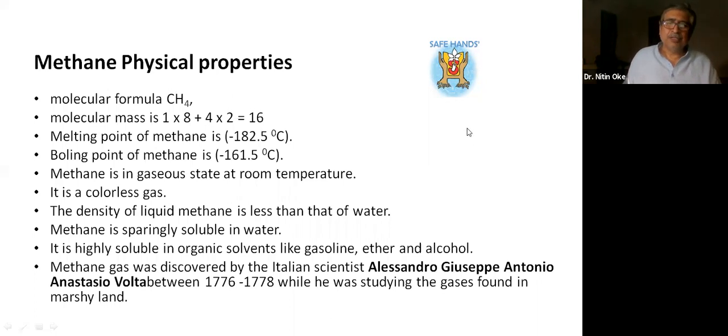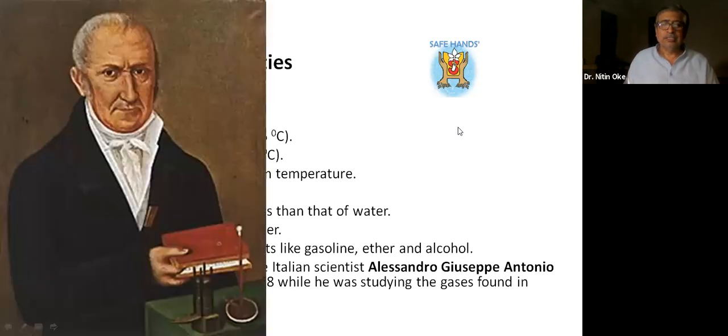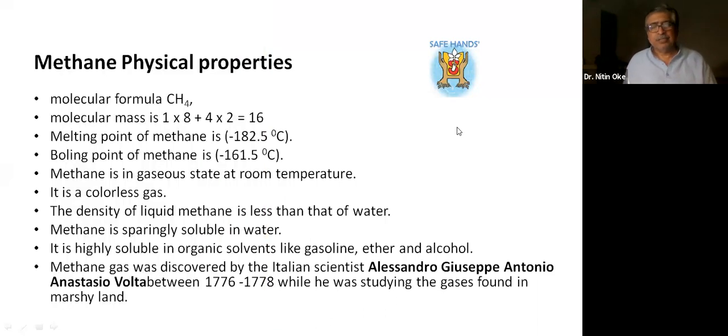I always feel that we should know the faces at least of these great scientists and names of the Indian scientists also. So Volta looks like this. If someone is still writing, they can continue.